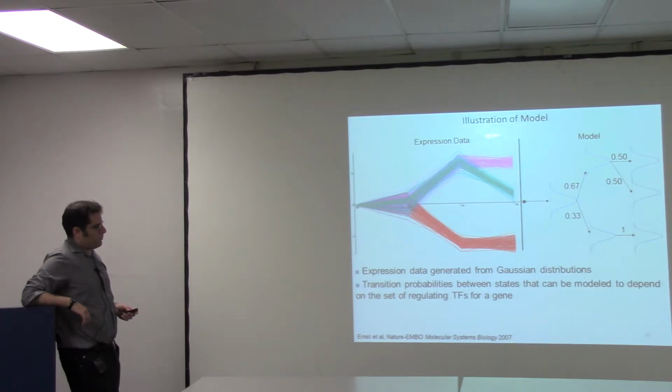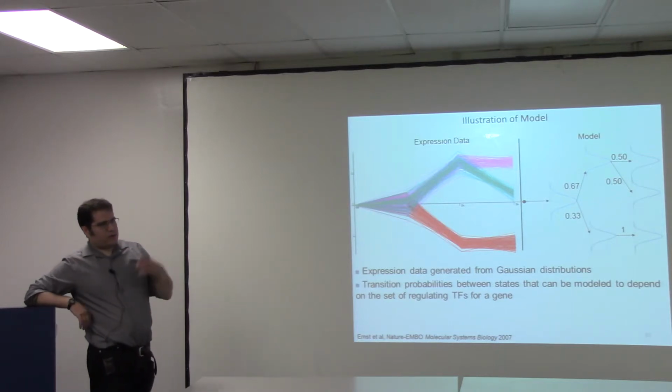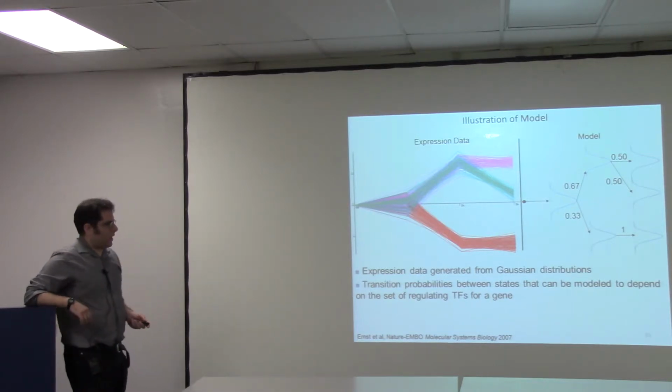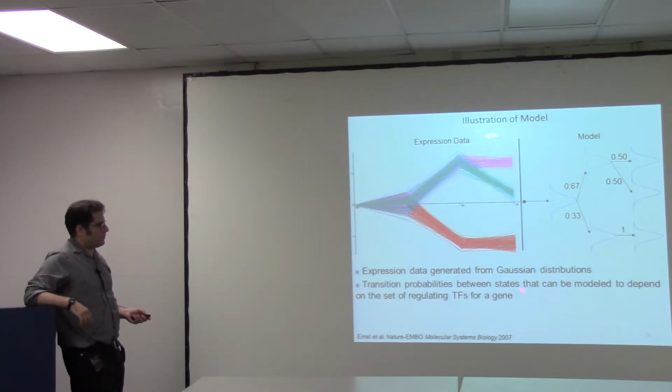And what we're going to assume is the expression data is generated from Gaussian distributions based on some mean and variance associated with its true expression along a path. So here these genes have this Gaussian distribution of expression, and the genes along this path have a Gaussian, and then along this they have a Gaussian.